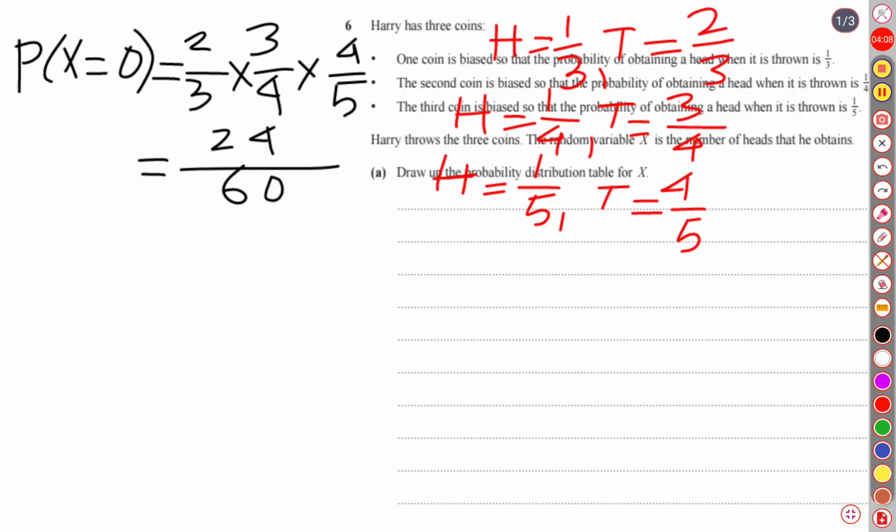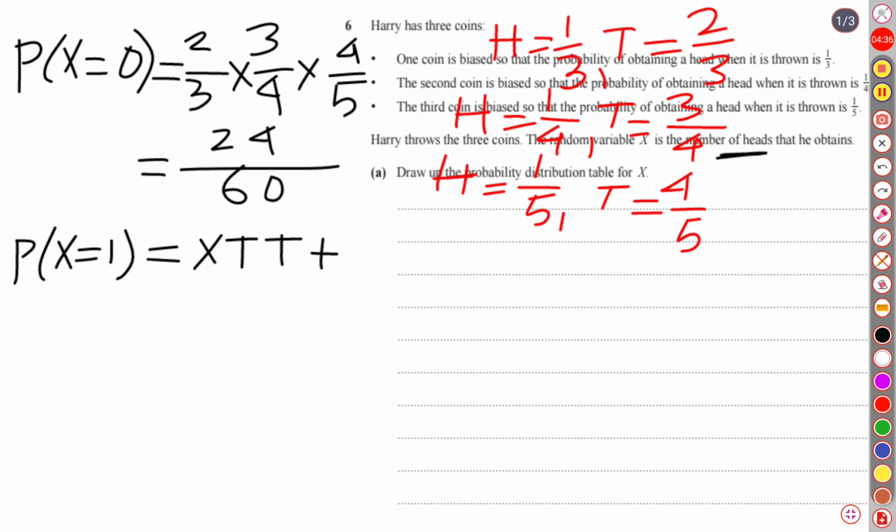Let's see, if we throw all three coins, we may get only one head. It is written here that X is the random variable, the number of heads. So if there is only one head out of three, what may be the possible cases? Suppose the first one is head, whereas the second and third are tails.